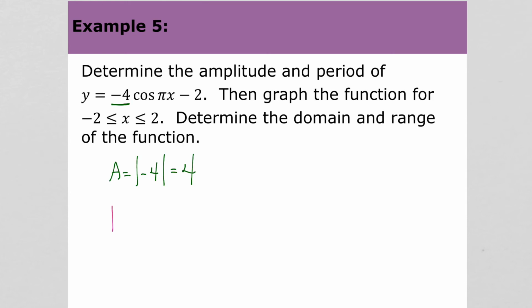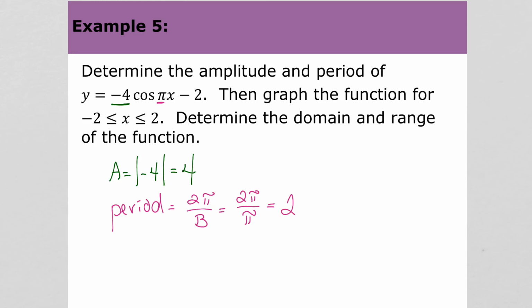The period is 2 pi divided by B, and there's B in front of our x. So 2 pi divided by pi is 2. And then we'll talk about that minus 2 here in a second.